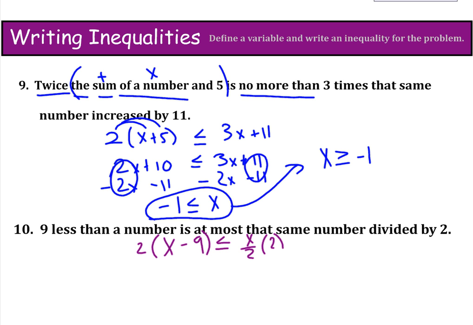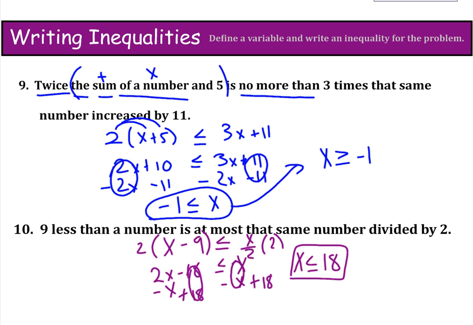So this left side will give me 2x minus 18. This side will just give me x. So now I'm going to kill 2 birds with 1 stone. Subtract x, that zeroes out. Add 18, that zeroes out. So I'm left with x less than or equal to 18. There's my answer.